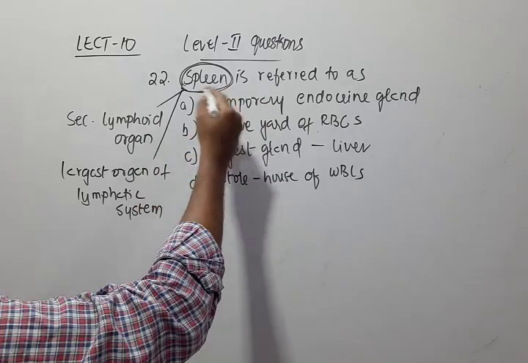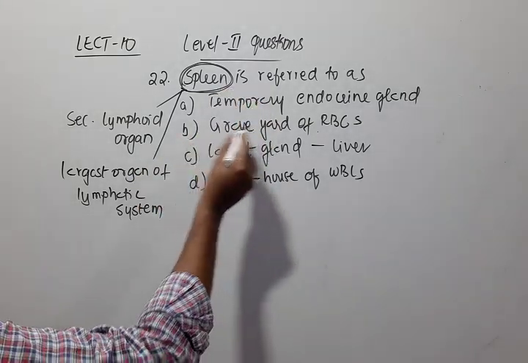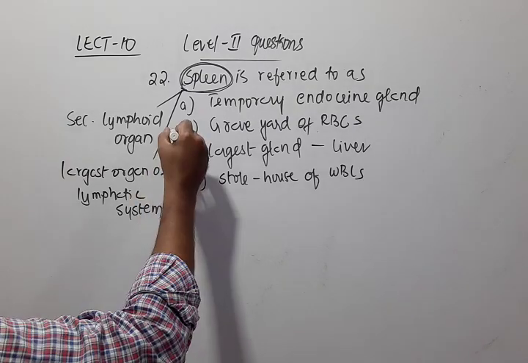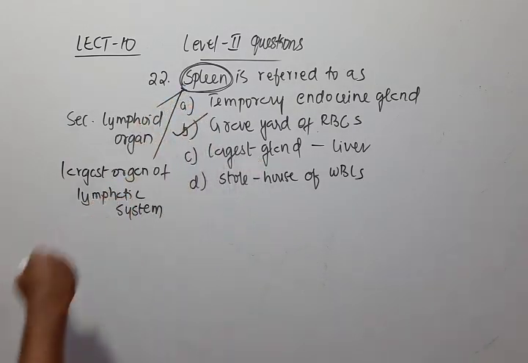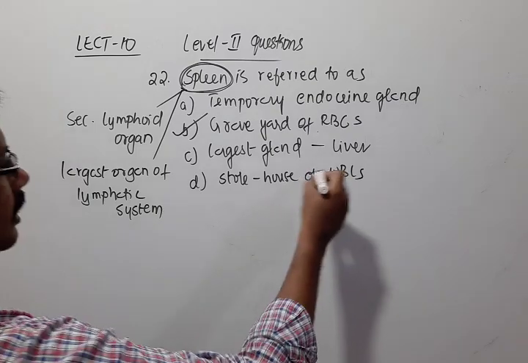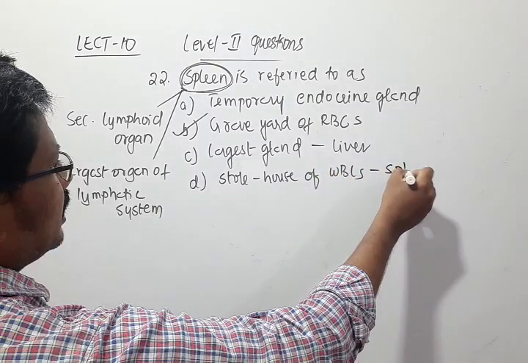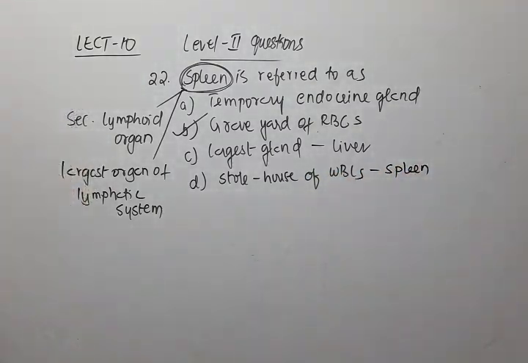It is the largest organ of the lymphatic system, not of the whole body. Then the storehouse of WBCs is again the spleen. So we need to consider option B, that is graveyard of RBCs.